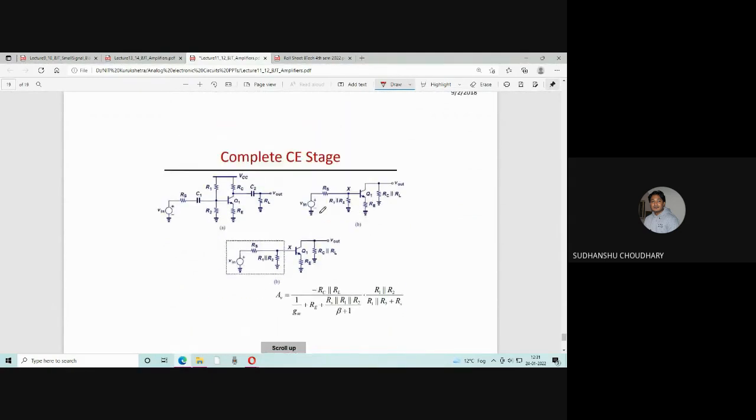So in fact, one can think of a complete common emitter stage where you have everything. That is input coupling capacitor, output coupling capacitor. Then you have voltage divider biasing also. You have emitter degeneration also.